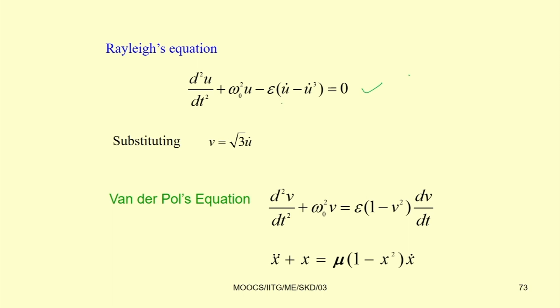Here you just see these two terms are a damping term. So, here you have a nonlinearity in damping. u dot is the damping and u dot cube is the nonlinearity in damping. So, the Rayleigh equation contains a nonlinearity in damping, and also you can observe here in this equation the damping term minus epsilon u dot.